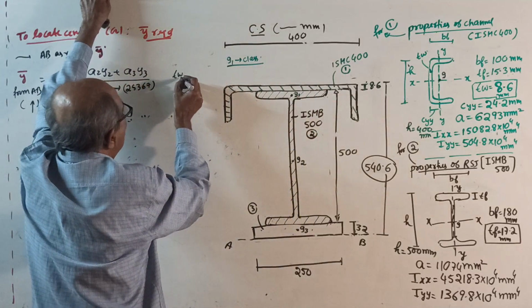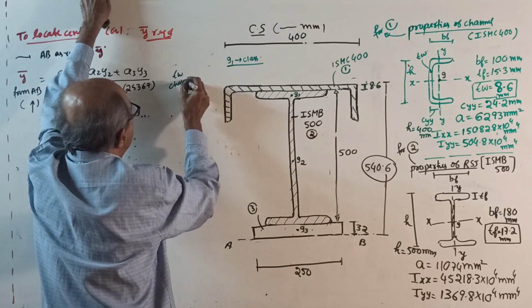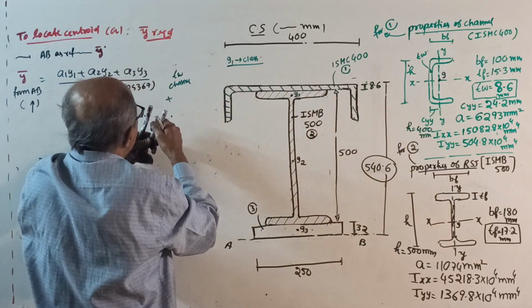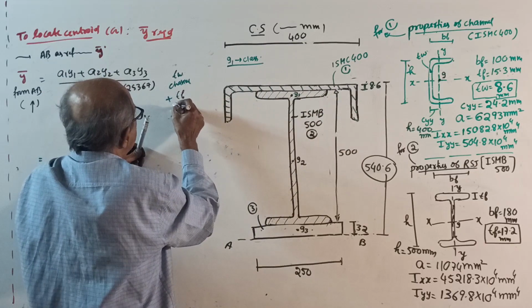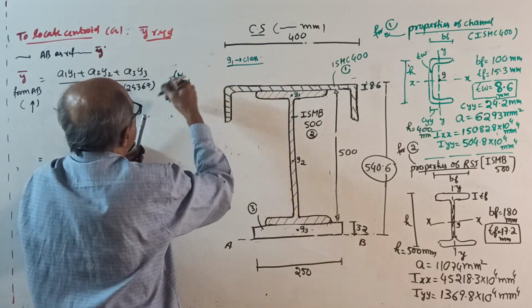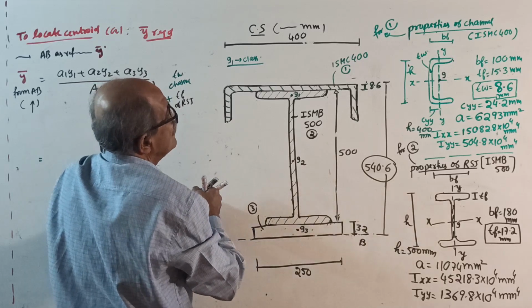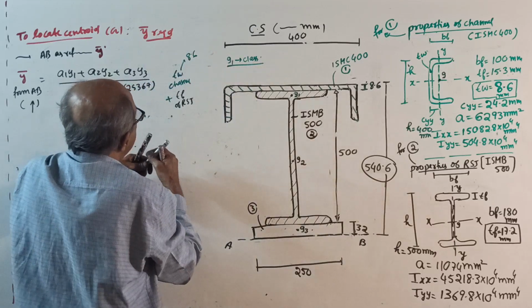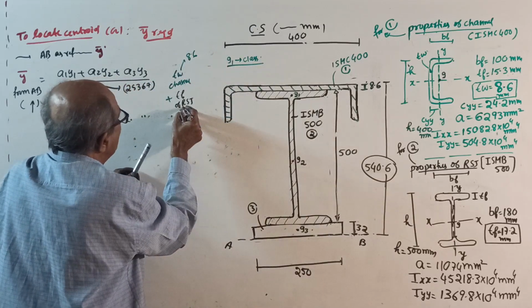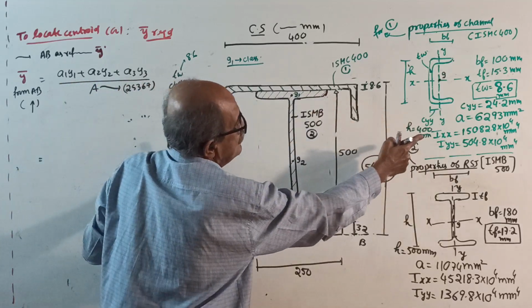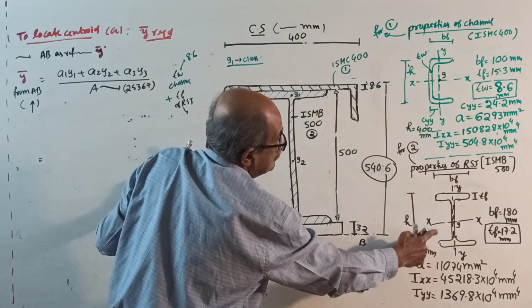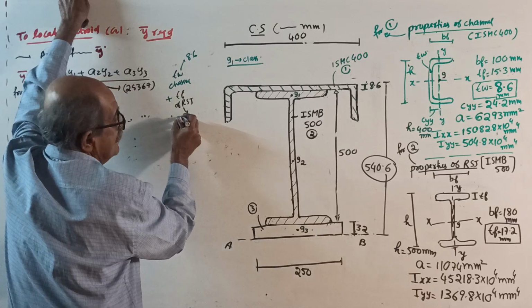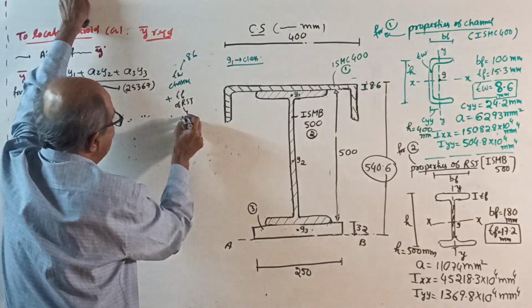Thickness of web of channel is this distance plus thickness of flange of RSJ. Thickness of web of the channel is 8.6 millimeter. Thickness of flange of the RSJ is 17.2 millimeter. Correct? Yes, 17.2 millimeter.